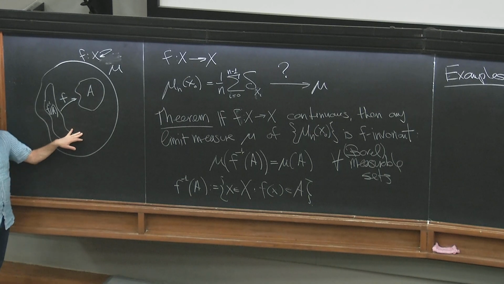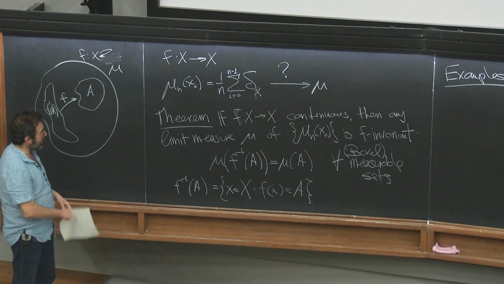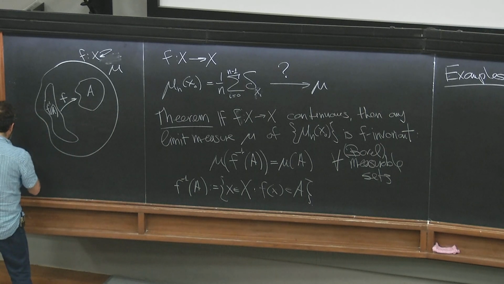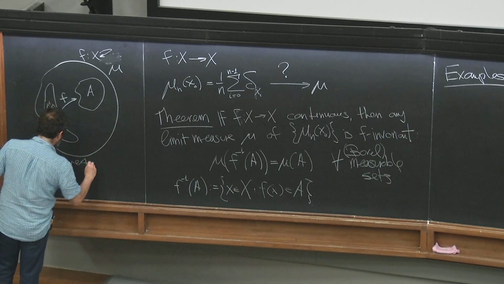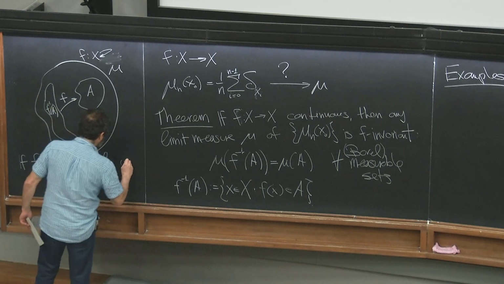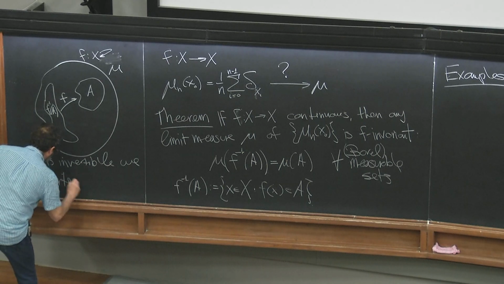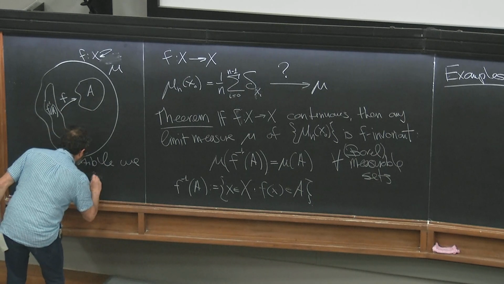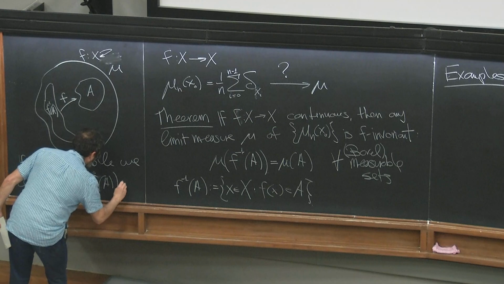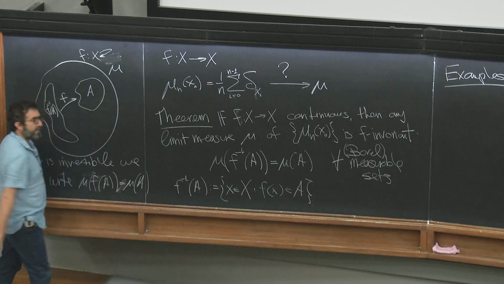Notice that if f is invertible, we could write the measure of the image of A equals the measure of A. This would be exactly equivalent to that.